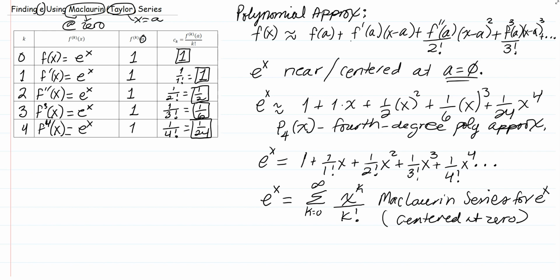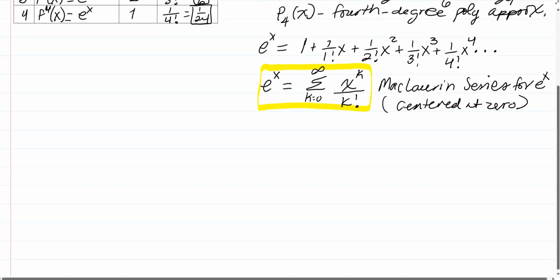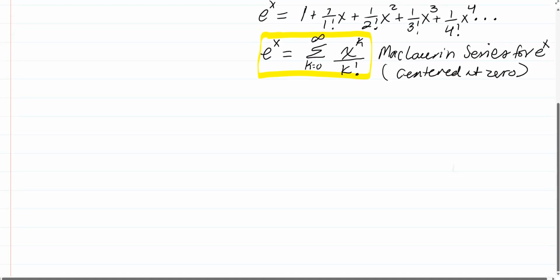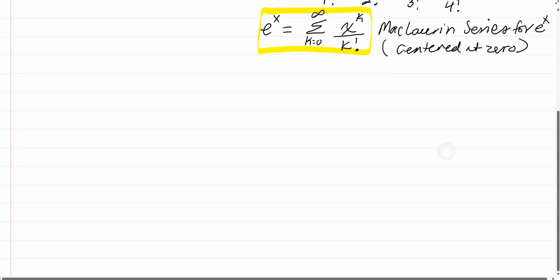Okay, now that we have a series for e to the x, what we want to know is for what x value will that work? That means, what is the radius of convergence, or what is the interval of convergence for this series? Because we want it to converge to that function, right?